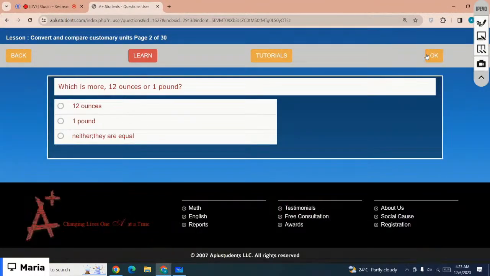Sorry. Okay, the next one is which is more, 1 pound or 12 ounces?